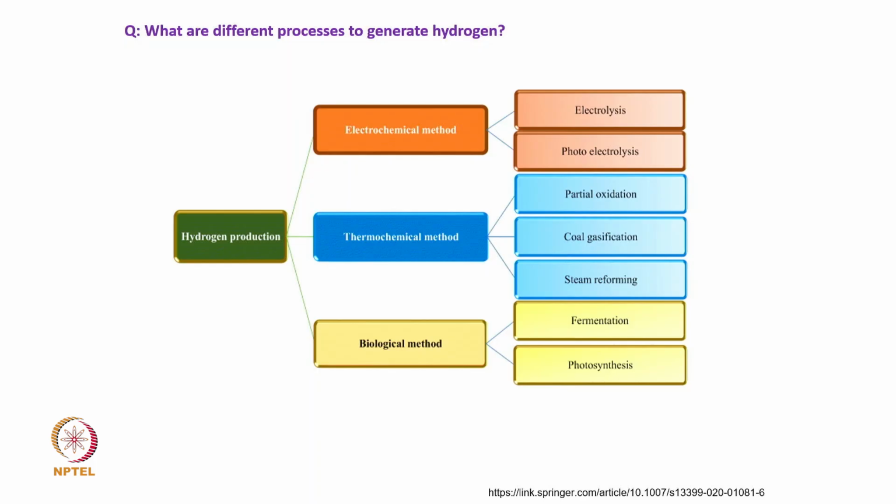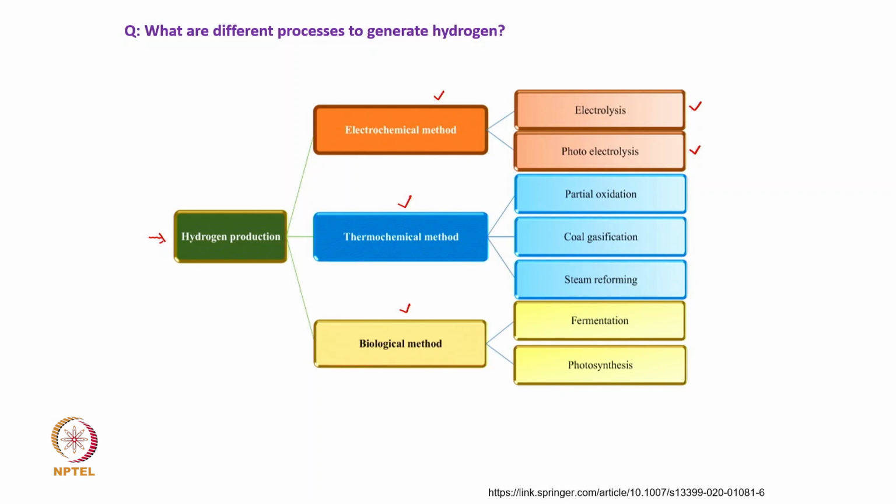If you look at the processes broadly, hydrogen production can be categorized as electrochemical method, thermochemical method, and biological method. When we talk about the electrochemical method, we have two processes, electrolysis and photoelectrolysis.